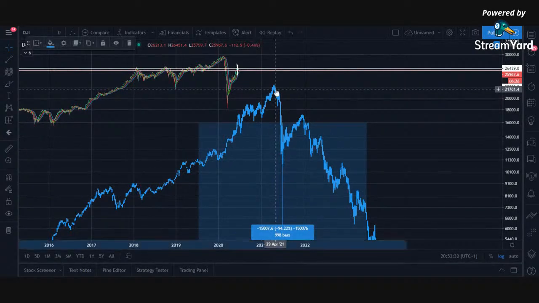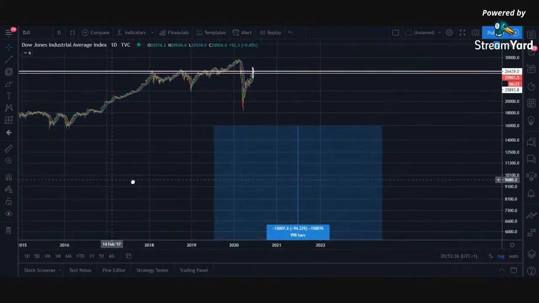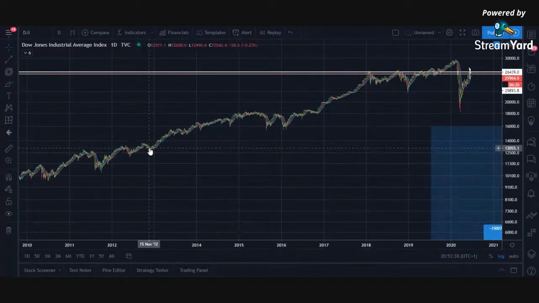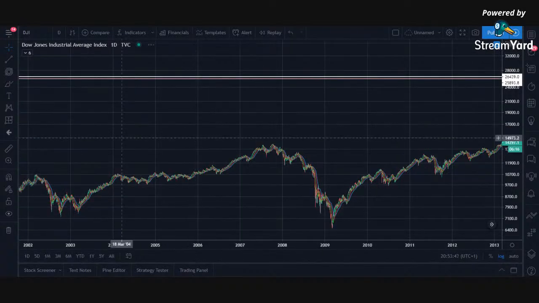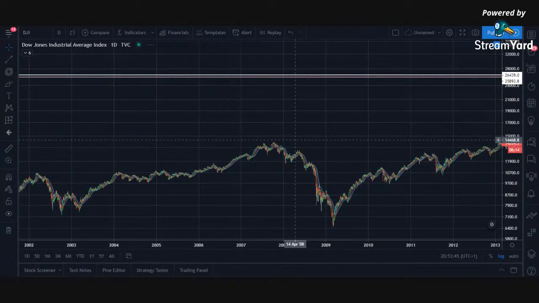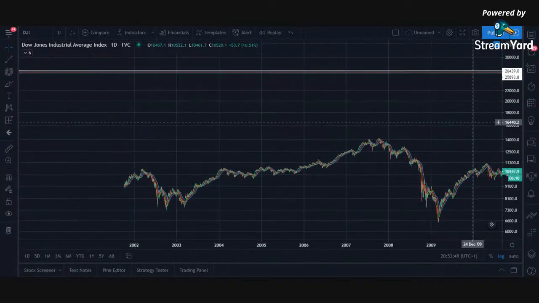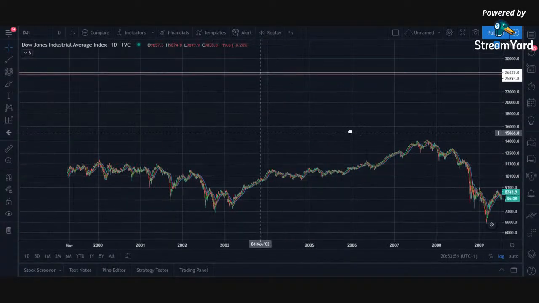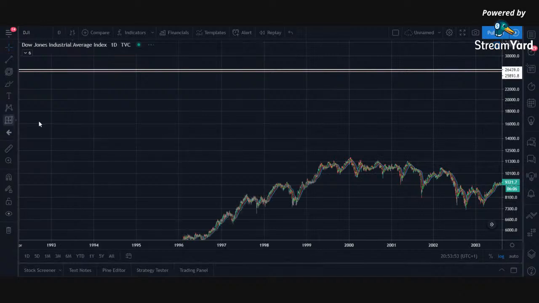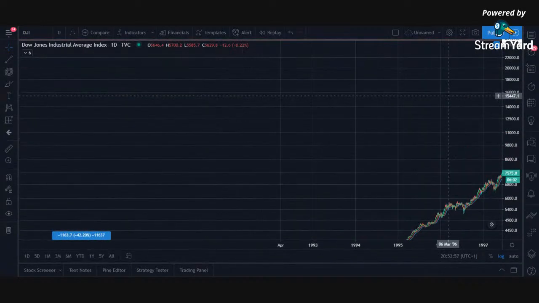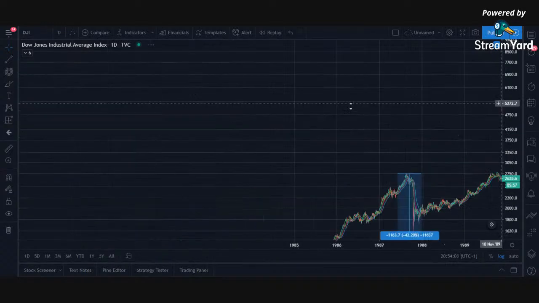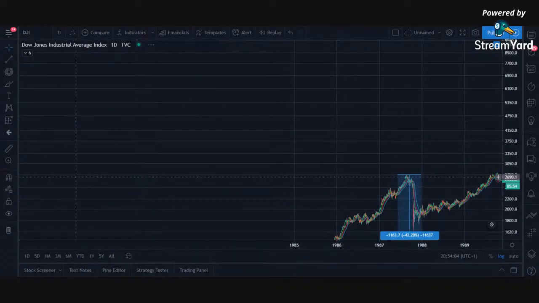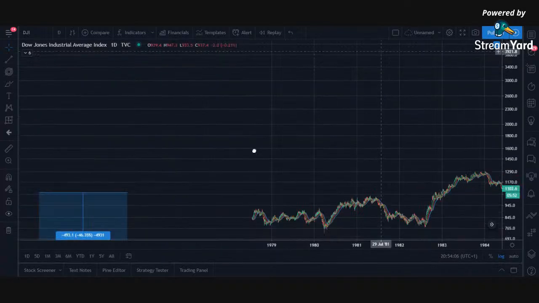But let me just try. It's harder to do it daily, because to go back to 1929, I guess it's doable, but if I can just make a scale of the daily instead of the weekly, because it's much harder like that. Let's see if I can do it. The similarities are just insane.